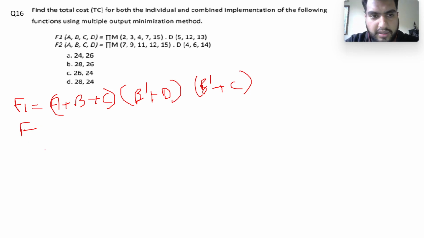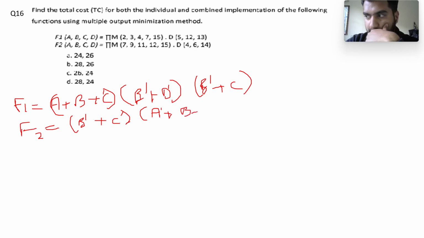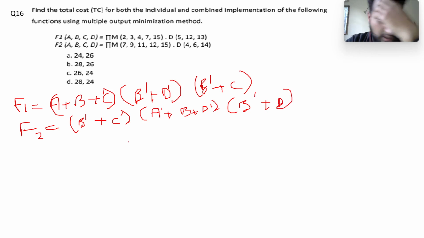Yeah, this is A plus B plus C complement, B complement plus D complement, and B complement plus C, and F2 will be equal to B complement plus C complement, A complement plus B plus D complement, and then we have B complement plus D.